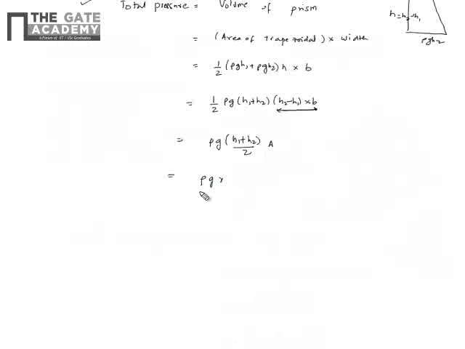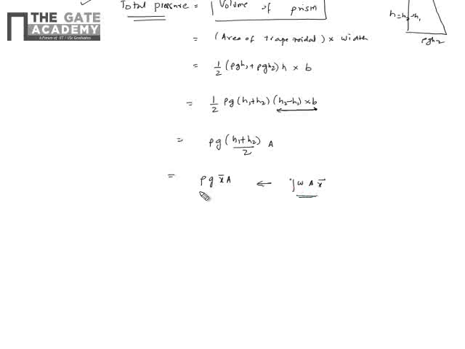So I can write rho g x bar A. So I get back whatever we have derived, w A x bar. So this is correct. So we can say that the total force acting on a vertical plane surface is nothing but the volume of the pressure diagram. Okay, so this we have seen.